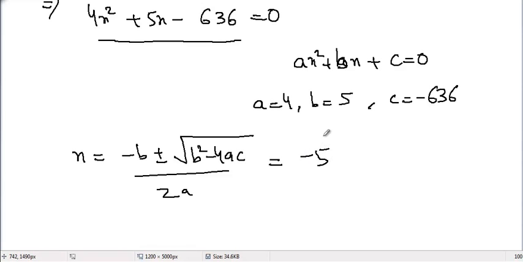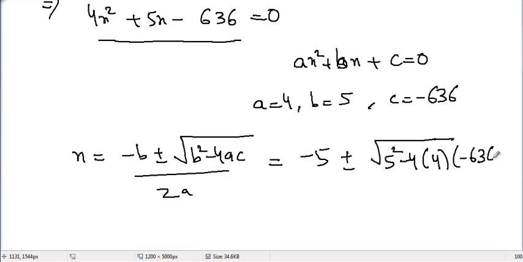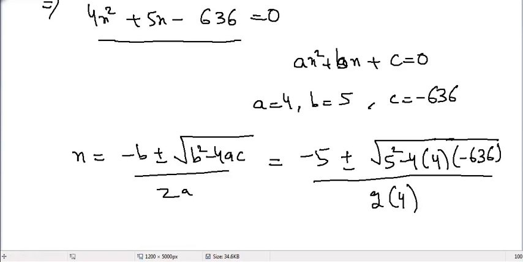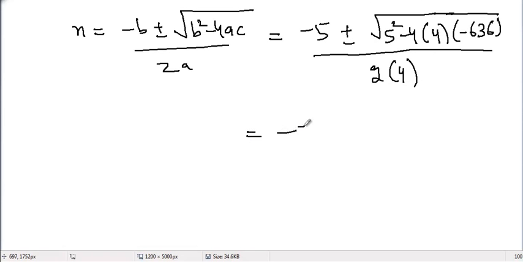Minus b is minus 5 plus minus square root of b square, it's 5 square, minus 4 times a, which is 4, and c is minus 636, divided by 2a. 2 times a is 8. So I get here minus 5 plus minus square root of 25 minus 4 times 4, which is 16.